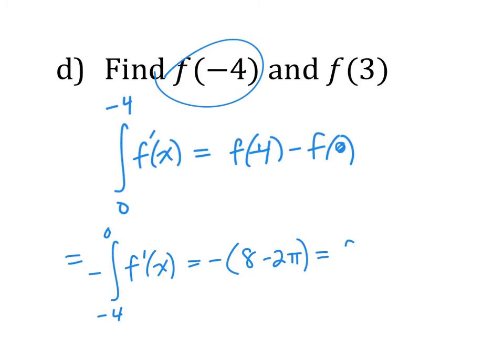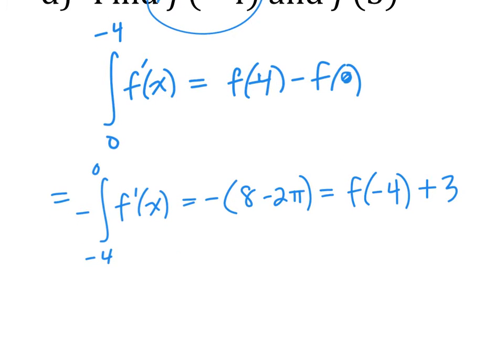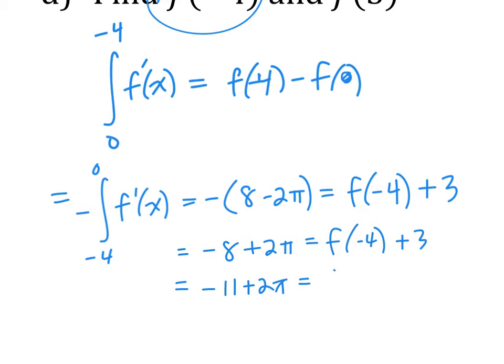Okay, and then f of -4 is what we want, so we don't know what that number is. F of 0 is -3, so that's +3. So that is -8 plus 2 pi equals f of -4 plus 3, so that is -11 plus 2 pi, which is f of -4.